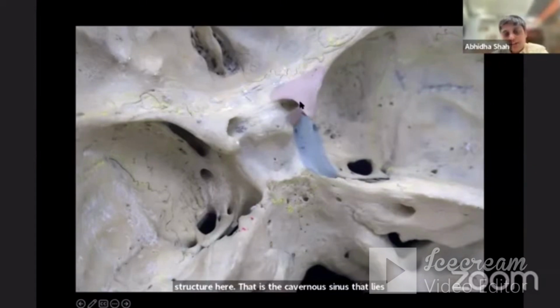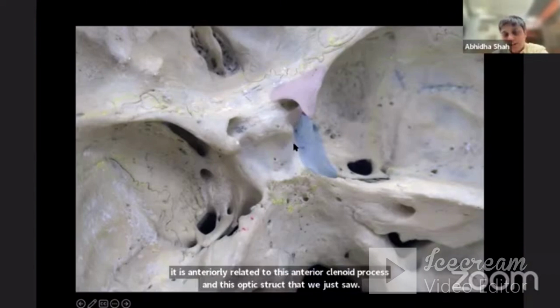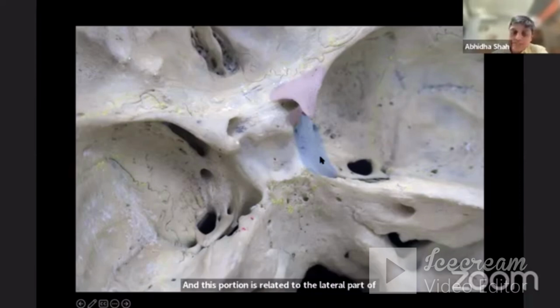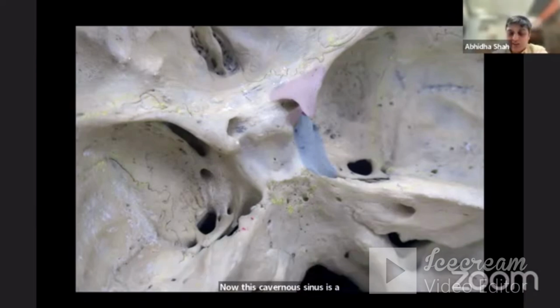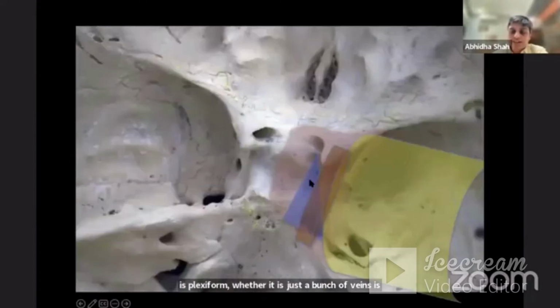It is anteriorly related to the anterior clinoid process and the optic strut that we just saw. And this portion is related to the lateral part of the body of the sphenoid sinus. Now this cavernous sinus is a venous plexus. Whether it is plexiform, whether it is just a bunch of veins, there is a lot of confusion in the literature. But to understand it, you have to understand that it remains within some dural folds.